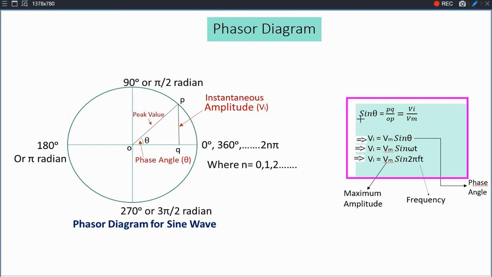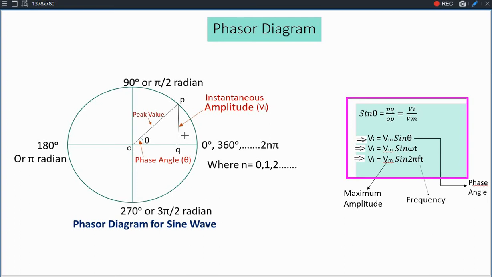And that's why sine theta is equal to PQ by OP from the phasor diagram. As I have told you, PQ is the instantaneous amplitude Vi, and you know that in any circle the radius is the line having the highest magnitude.